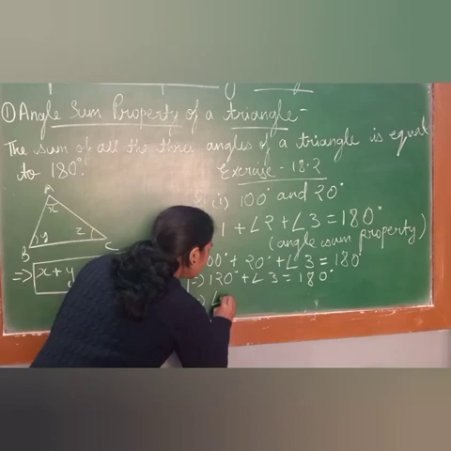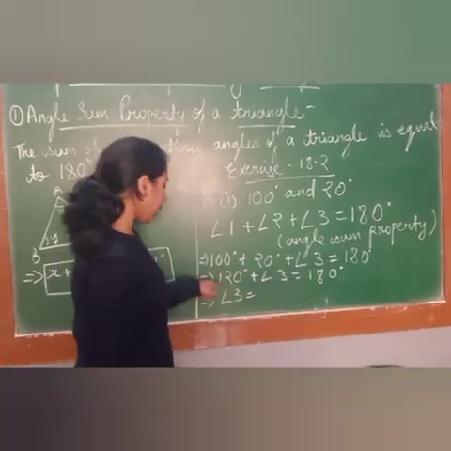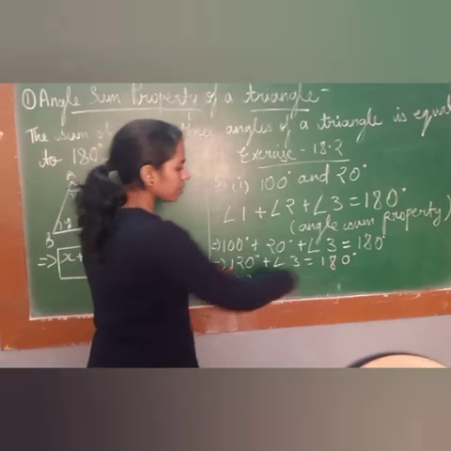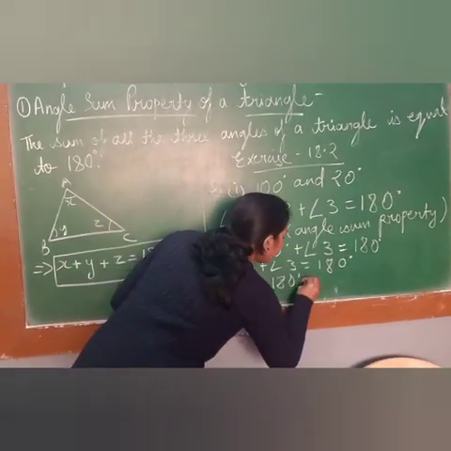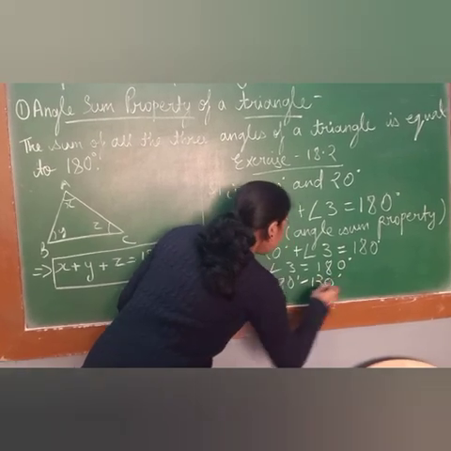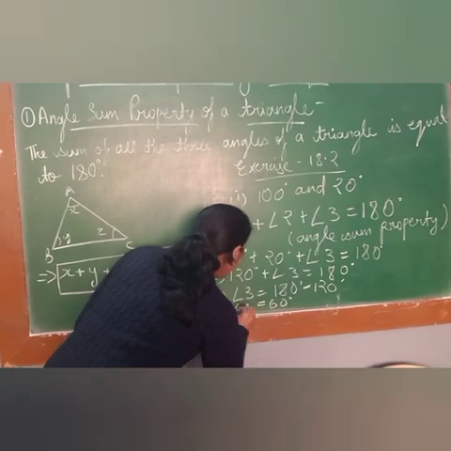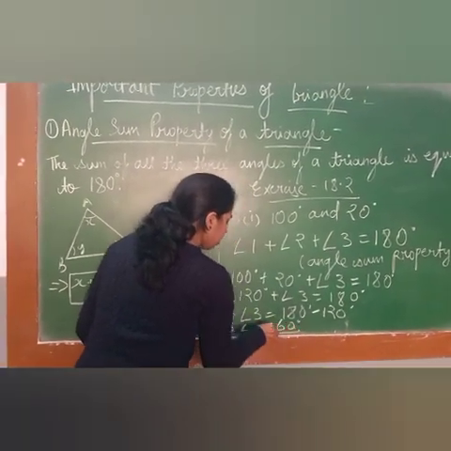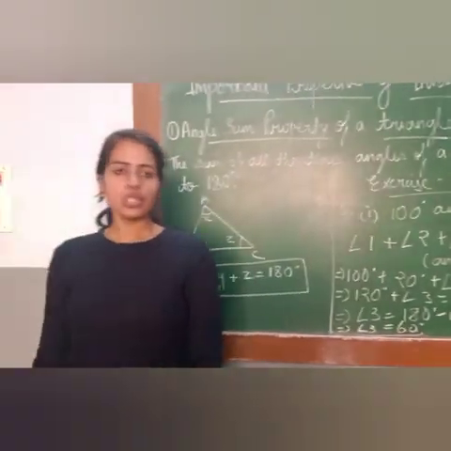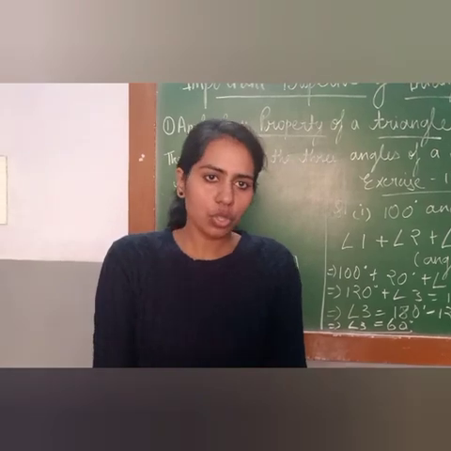When 120 degree goes to the right hand side, it is in plus, so on the left hand side it will become minus. So your answer will be 180 degree minus 120 degree, that is equal to 60 degree. So your angle 3 is 60 degree. This is your answer. In this way you are going to solve such questions. I hope you all must have understood this property.